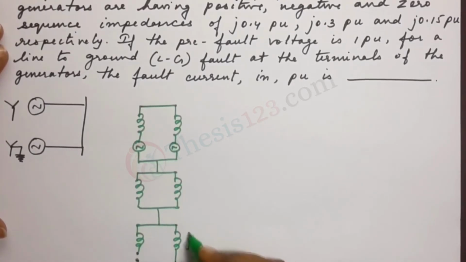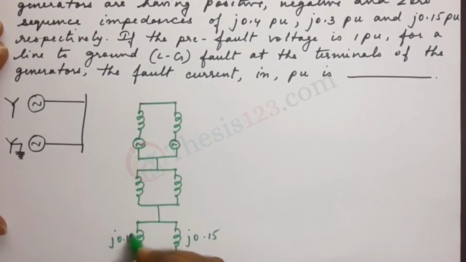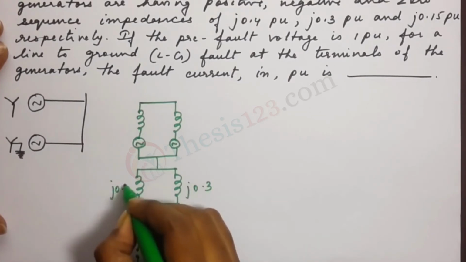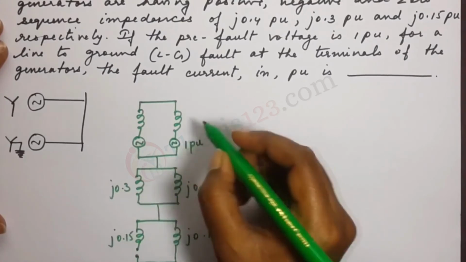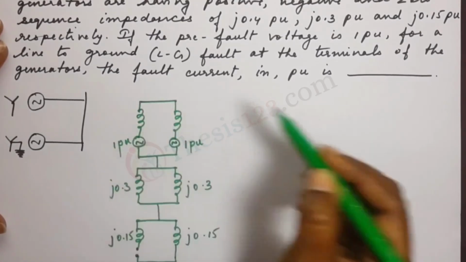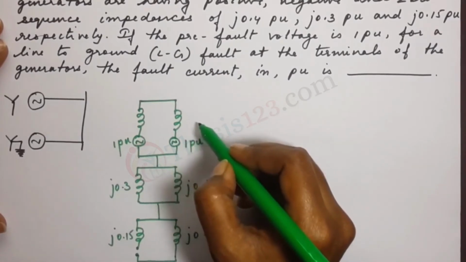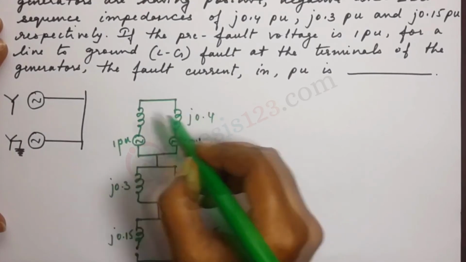Okay, so this is j0.15, this is j0.15, j0.3, j0.3, and here we have 1 pu given to us as the generator side, and that's 0.4.